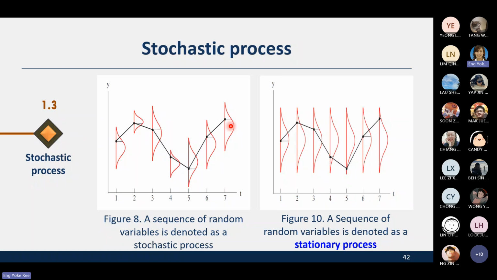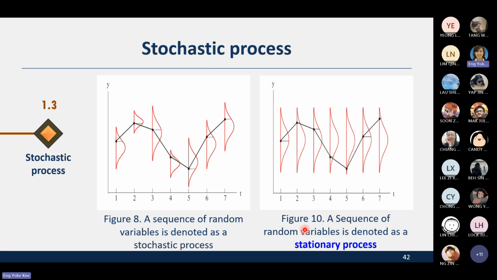When you use time series data, we are very concerned about how this line behaves, how the data observations behave. At best, if we can, we want this random process to be a stationary process.